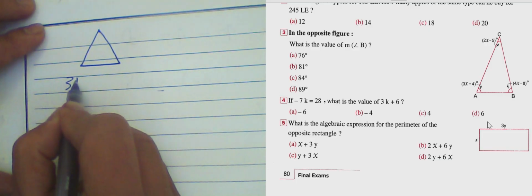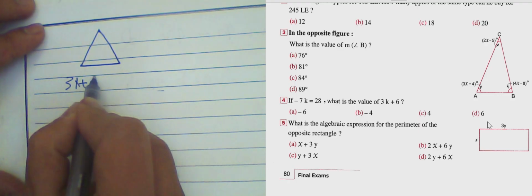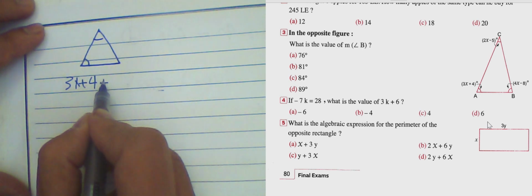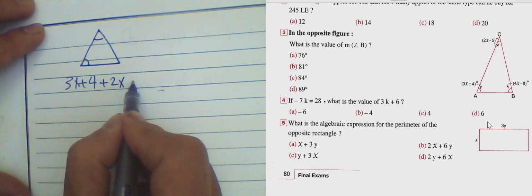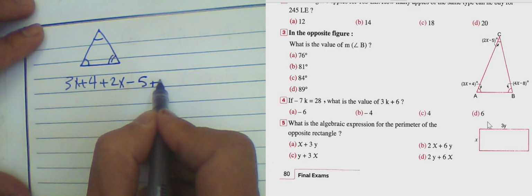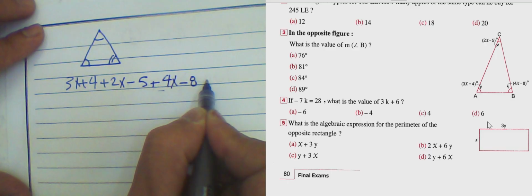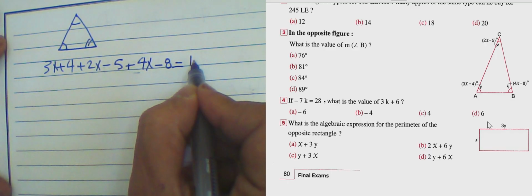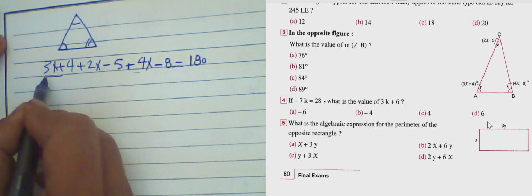We can write the equation: first angle 3x plus 4, plus second angle 2x minus 5, plus the third angle 4x minus 8. The sum of them equals 180, because the sum of interior angles is 180.